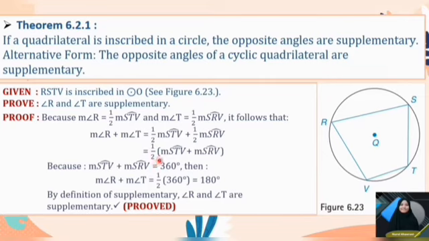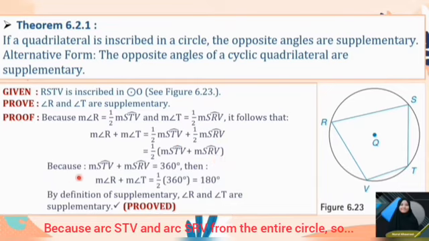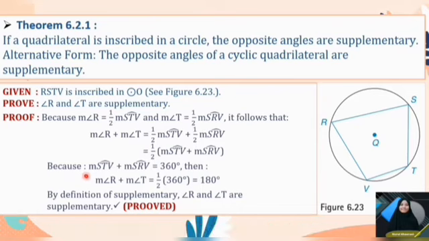So it can be 1/2 times the parenthesis of the measure of arc STV plus the measure of arc SRV, because arc STV and arc SRV form the entire circle. So the measure of arc STV plus the measure of arc SRV equals 360 degrees.